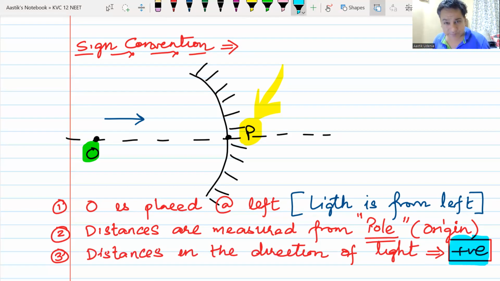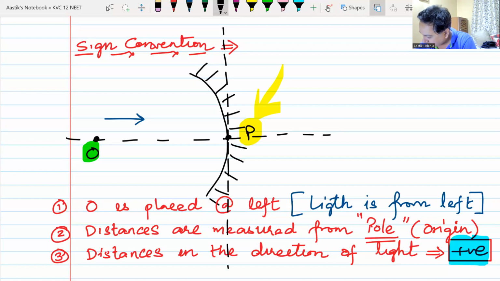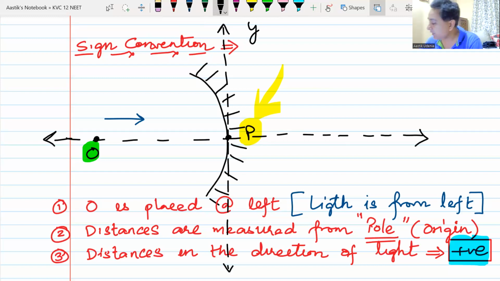That means my pole is my origin. So if I draw my axis, this is one axis, and this would be my second axis. This would be my y-axis, and this would be my minus y-axis. Are you getting my point?